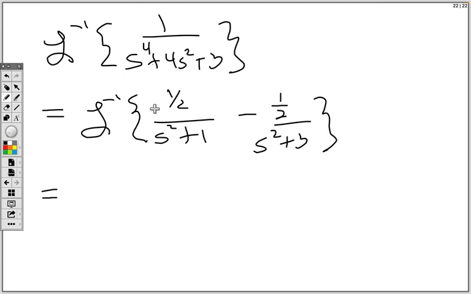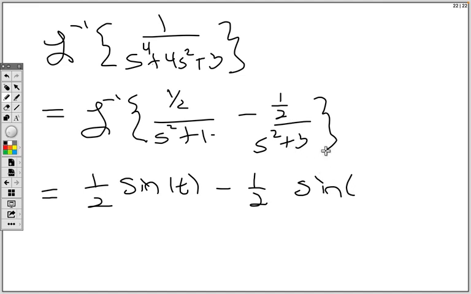And so this comes back to a sine. This would be because we have a sum of squares with no s on top. Frequency 1. So sine of t minus a half. This would be a sine. This is the frequency squared, remember. So that would be t root 3.